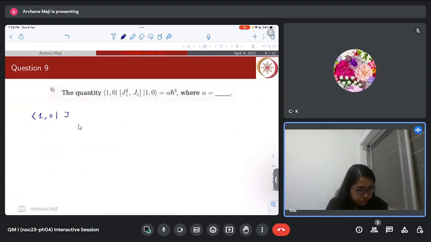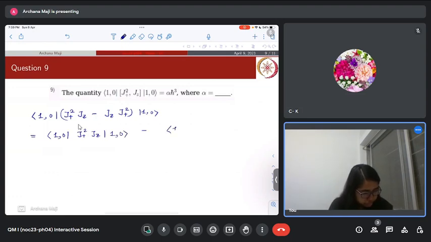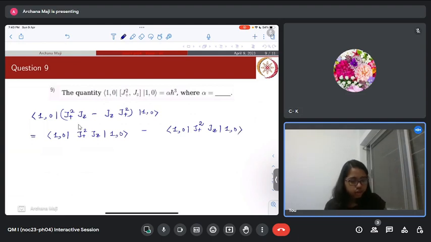So that is a commutator, so j plus square jz minus jz j plus square. Now this is 0 as you can see, so basically alpha is 0.